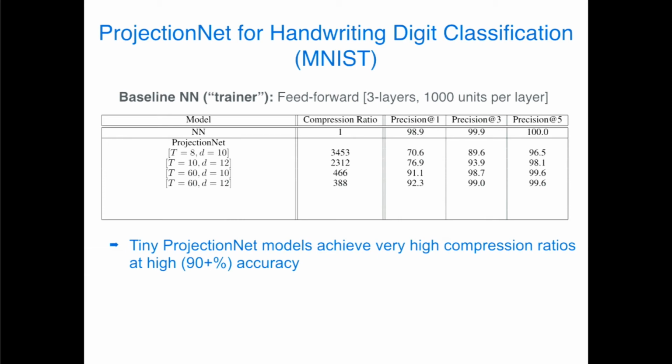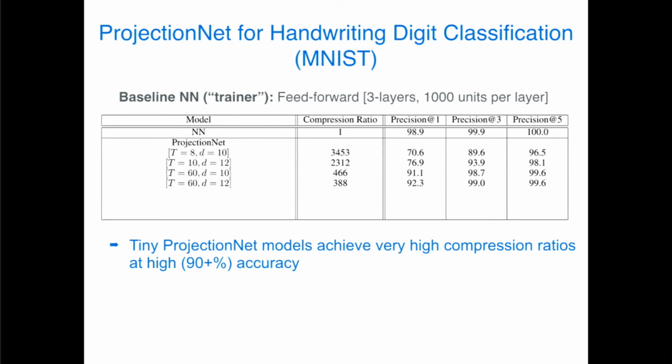Before I go on, this is without convolutions, so this is permutation invariant. What we notice is a tiny projection network, almost 400 times smaller, gets more than 90% accuracy.